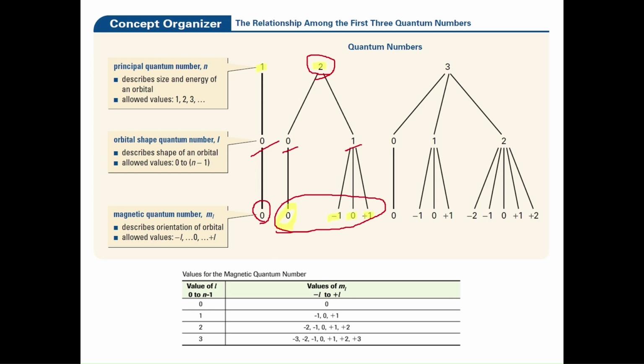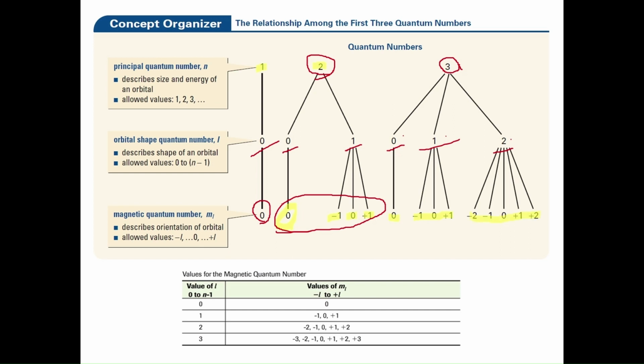So for energy level 3, you can have 3 types of orbitals, s, p, and d. And for each one of those types, you have the corresponding number of orbitals that you can create. So for the S type, you have 1. For the P type, you have 3. And for the D type, you have 5.